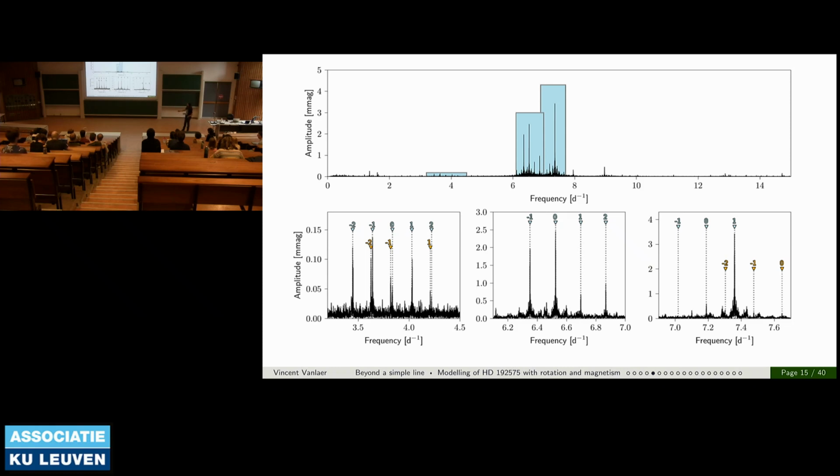What magnetism can do in principle is take the splittings of rotation and split them even further. So if you had a much longer time series, maybe more frequencies would come out of the noise here, and that would help you confirm whether this is something magnetically split or something else.